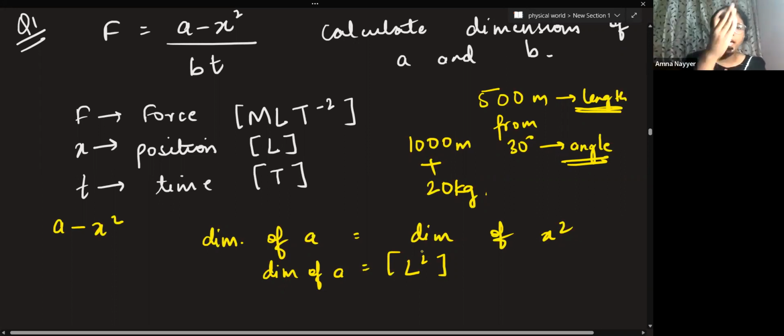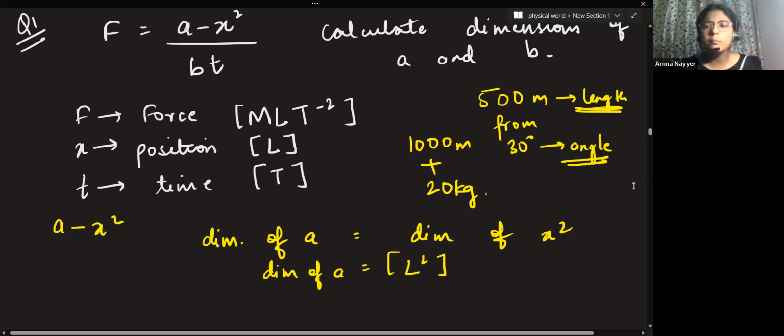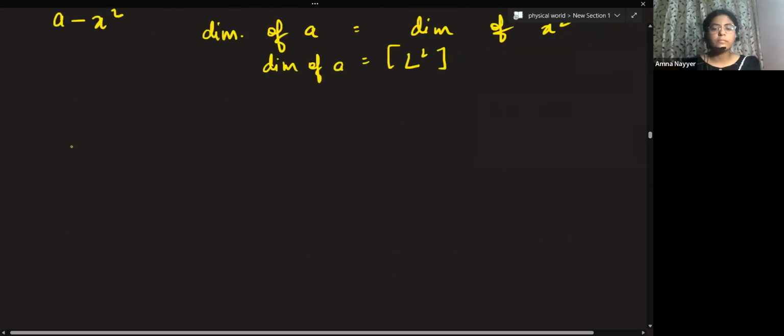So one part we have solved. Now, F you know, A minus x square you know, T you know. Only B is unknown, no? So we'll be able to write it for B. In this formula, F is equal to A minus x square divided by BT.